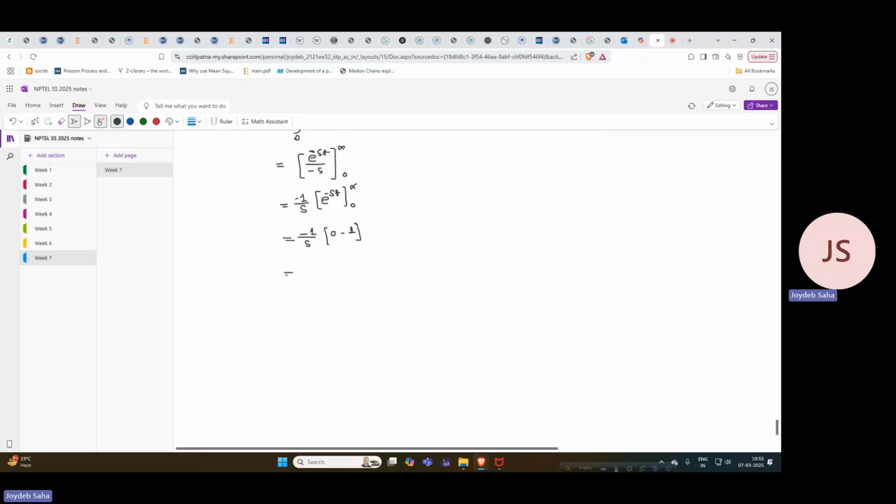This is equal to 1 upon s, and ROC is s greater than 0.